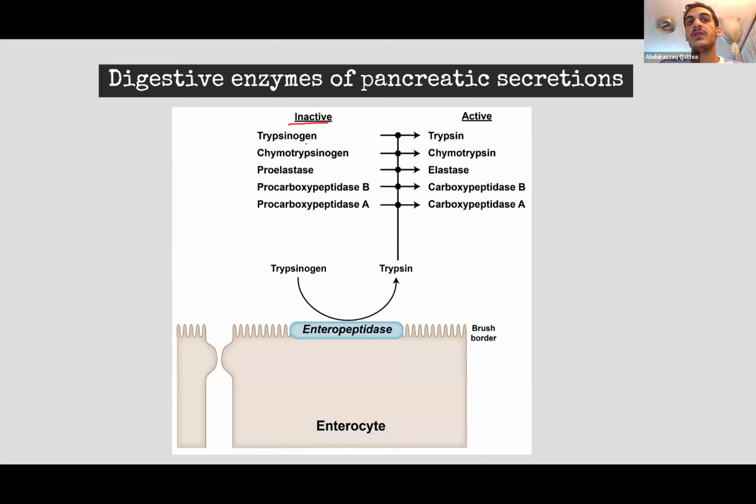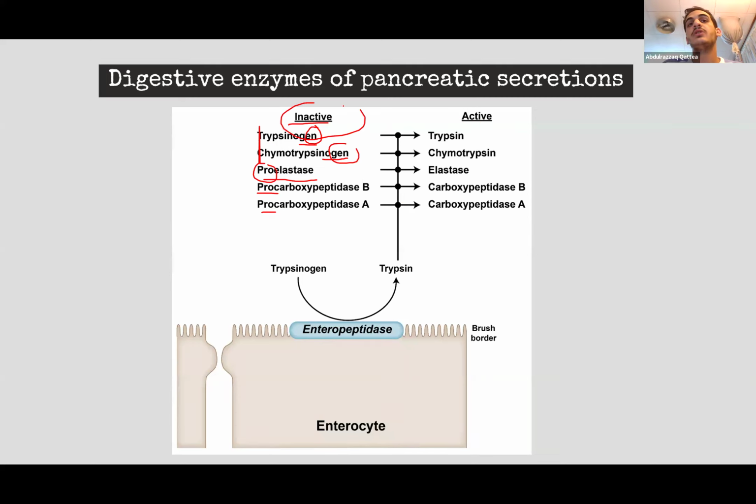Simply by looking at the name of the enzyme. If the name has 'gen', like trypsinogen or chymotrypsinogen, 'gen' means a precursor, it's not active yet. The same thing for proelastase. When you see 'pro', this is inactive. The same thing for these two enzymes. So when we remove them, it means these enzymes are active and ready to degrade and break down the food.